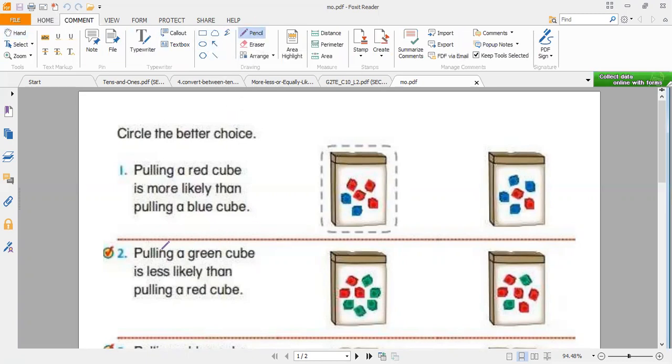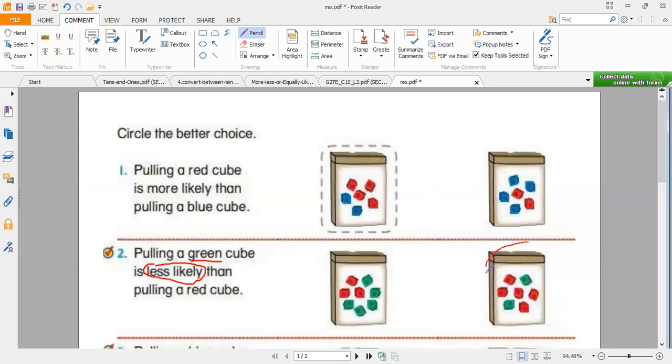Question 2. Choose the bag in which pulling a green cube is less likely than pulling a red cube. The green will be less likely. That means which bag has fewer green cubes than red cubes?